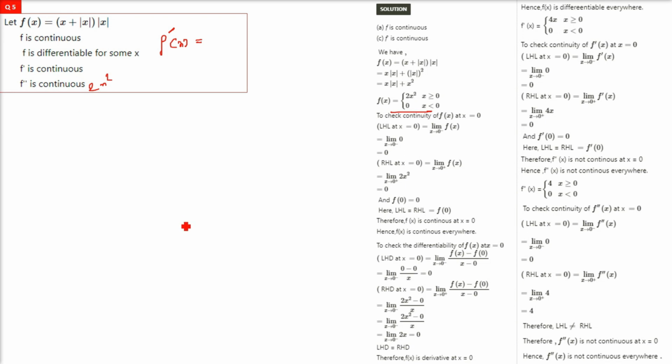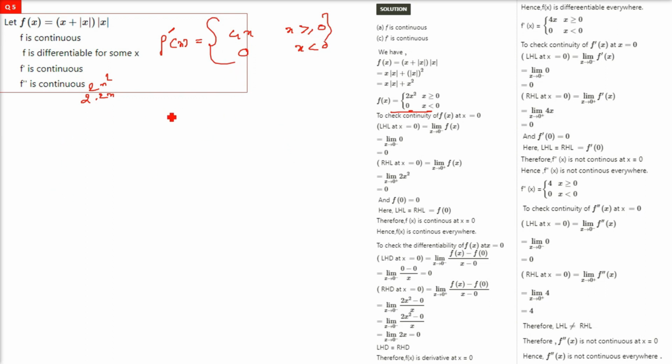So 2 into 2x is 4x. Again, let me tell you, this is the chapter of differentiability we are doing. F dash and f double dash have nothing to do here, that is the proper differentiation has nothing to do here. But since we are given the question, f dash will be 0 for x less than 0. Differentiation of 0 is 0 only.